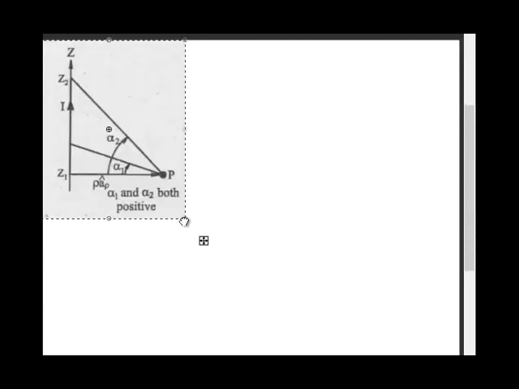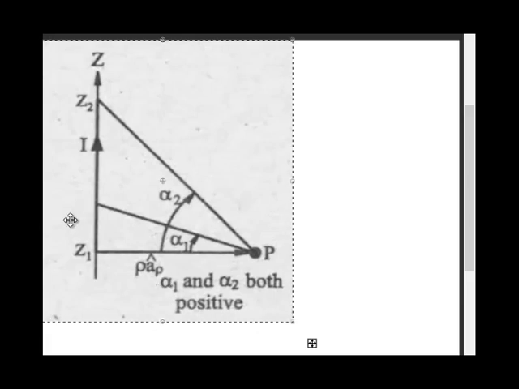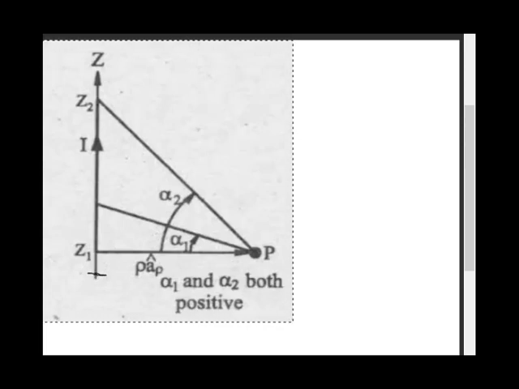Consider this figure. In this case, the current filament is starting from this point and it is going to infinity in z direction. So it is semi-infinite. So in this case, the value of H will be only due to all the points above this line. So the starting point is Z1.